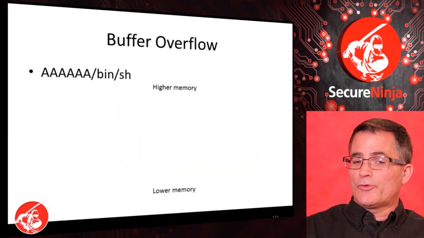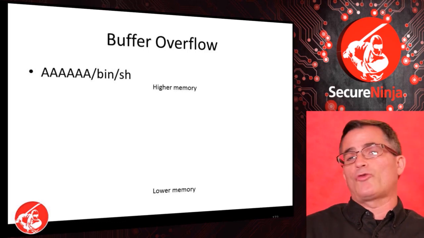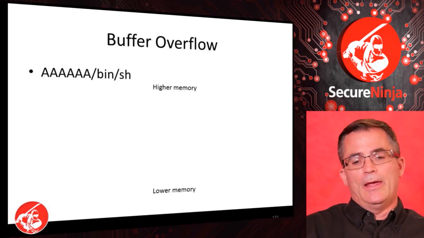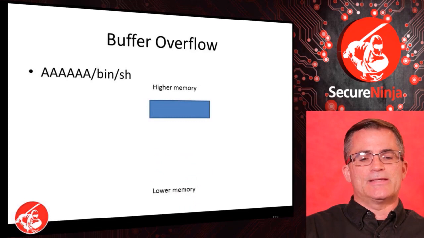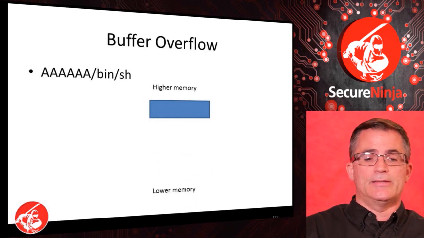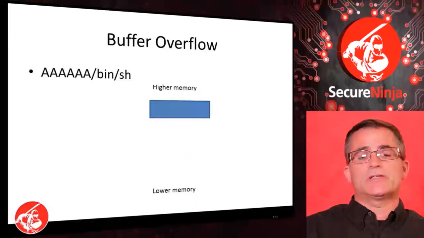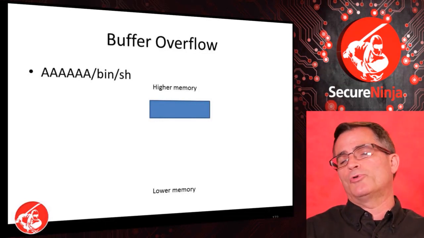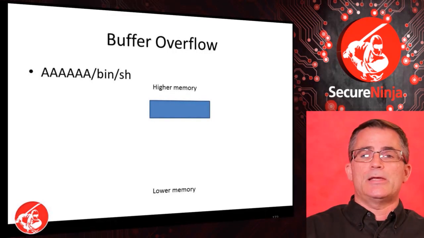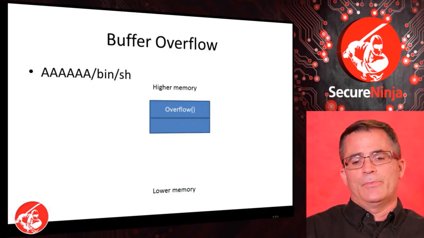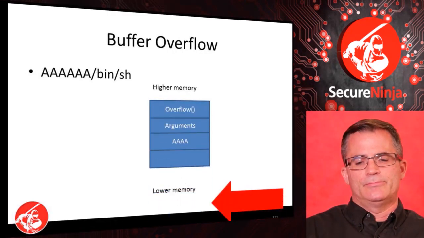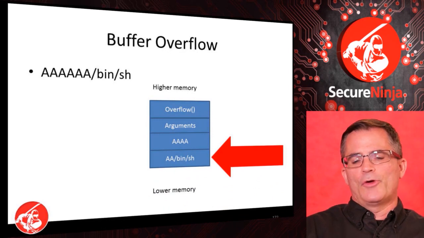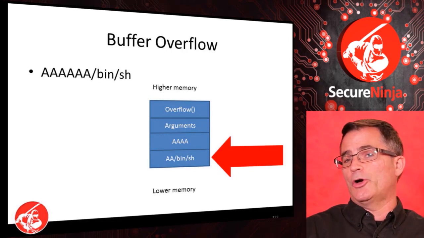Now that we know the return address is gone, we start a trial and error period. And we create a /bin/sh. So we do our A's, in this case we're trying 6 A's, /bin/sh. Why? We're trying to get the instruction pointer to execute /bin/sh, which is a shell. So now what we do is 4 A's, AA, /bin/sh, and guess what? The instruction pointer points to our code.